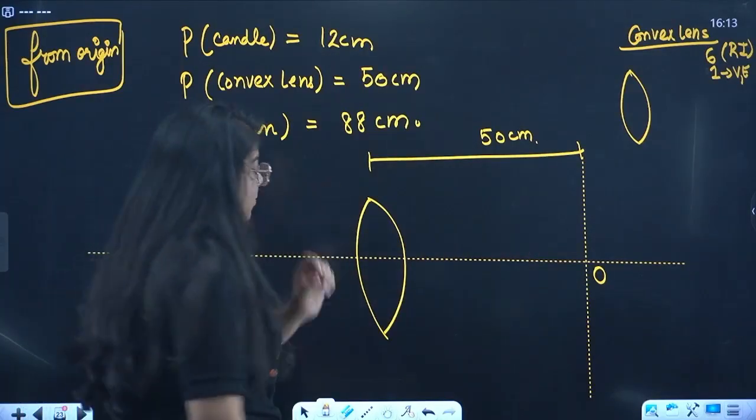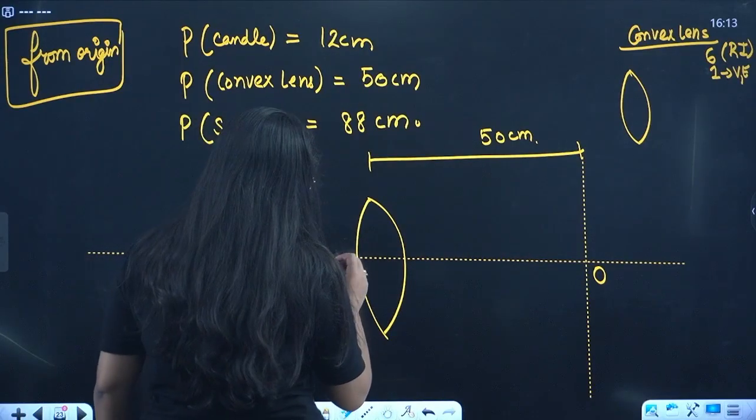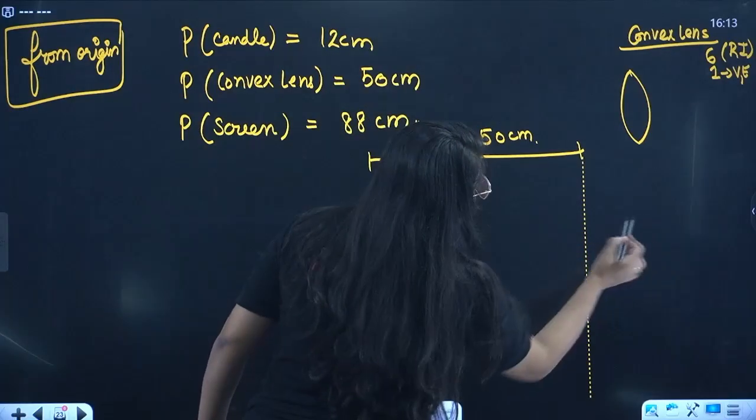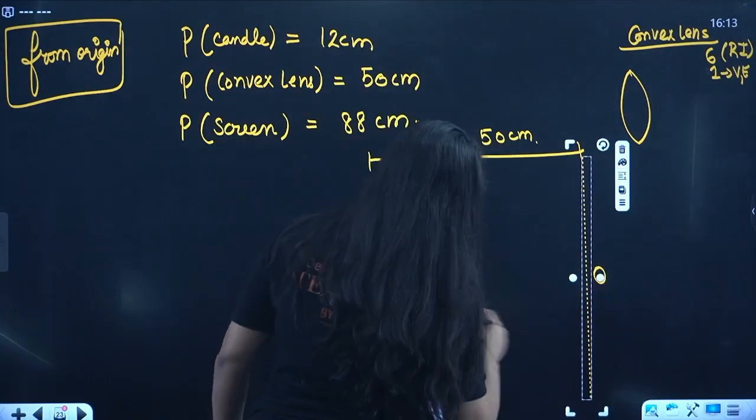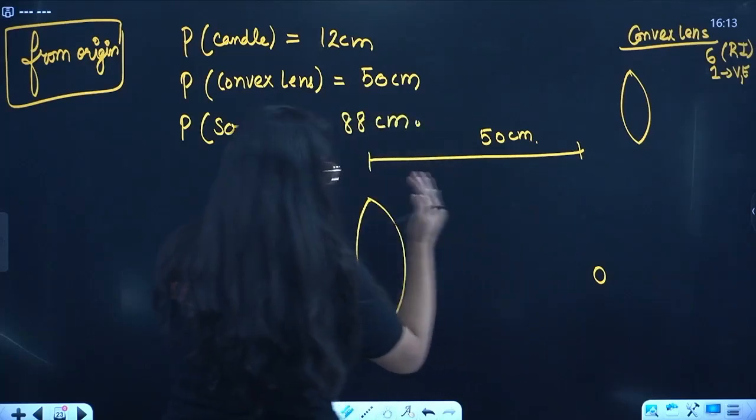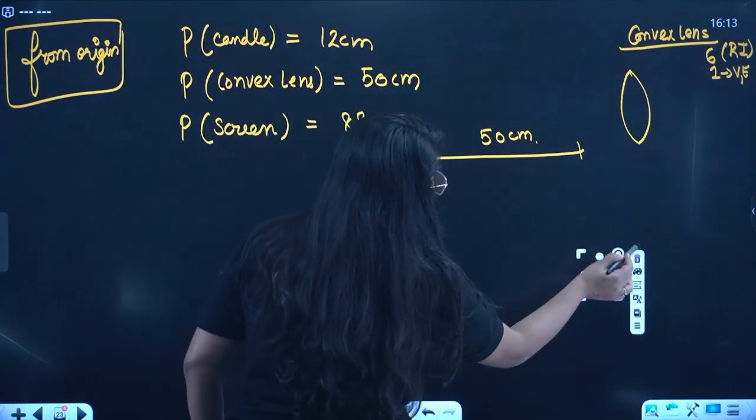Try to make this whole thing again. We will not place our lens on the left hand side of the origin. Let's place it on the right hand side.